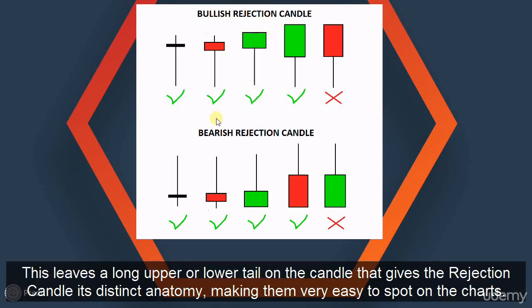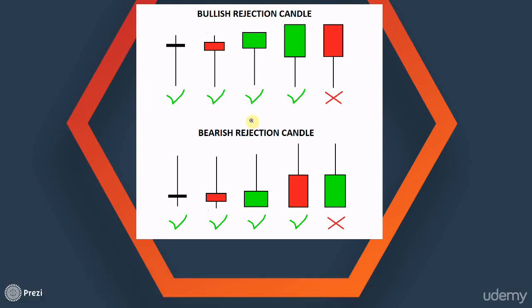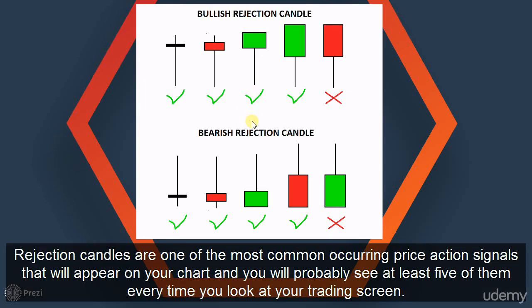This leaves a long upper or lower tail on the candle that gives the rejection candle its distinct anatomy, making them very easy to spot on the chart. Rejection candles are one of the most commonly occurring price action signals, and you will probably see at least 5 of them every time you look at your trading screen.